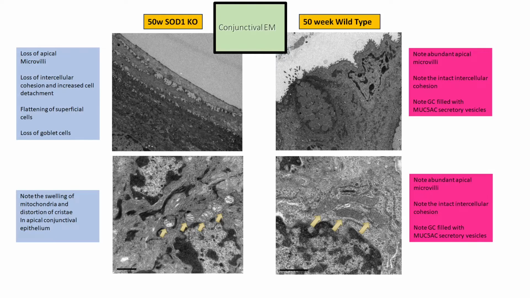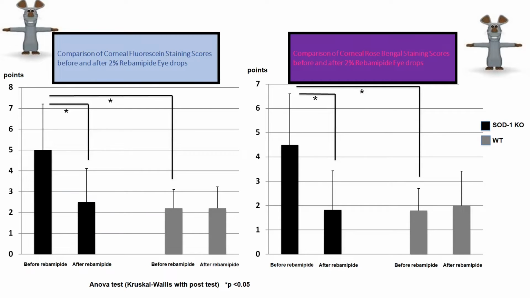The SOD1 knockout mice had mitochondrial disorders, which we believe resulted in the depletion of energy sources of the epithelial cells to function properly, including release of mucins. A rescue study with a mucin secretagogue having anti-inflammatory properties revealed improvement of vital stainings.